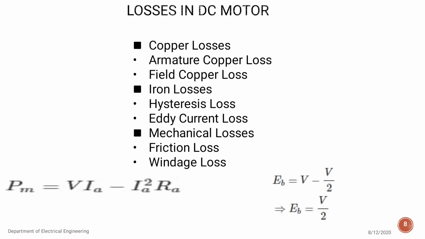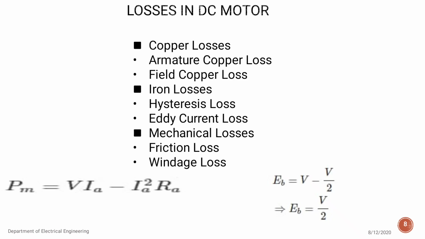Here I have put in two equations. In yesterday's lecture we saw that the mechanical power developed is equal to VIa minus Ia square Ra. That is the equation for the mechanical power, which we calculated from Eb is equal to V minus Ia Ra.